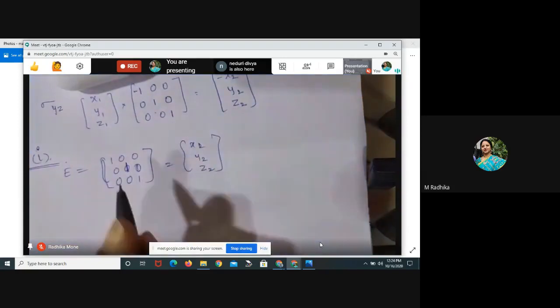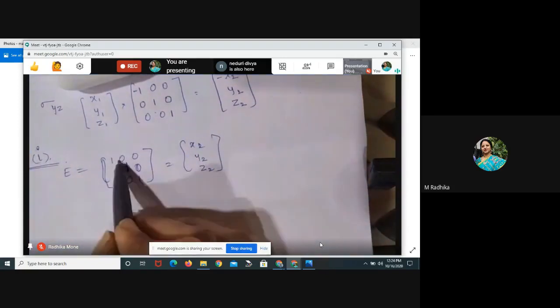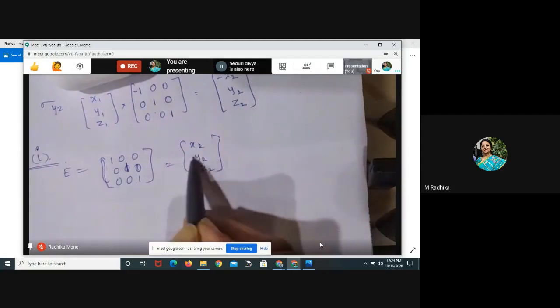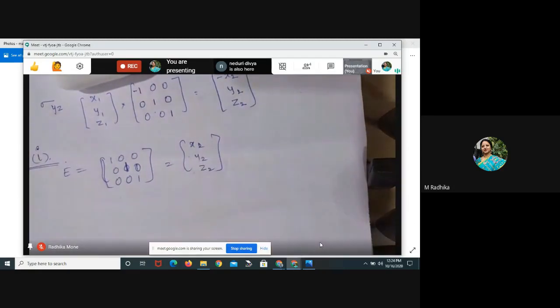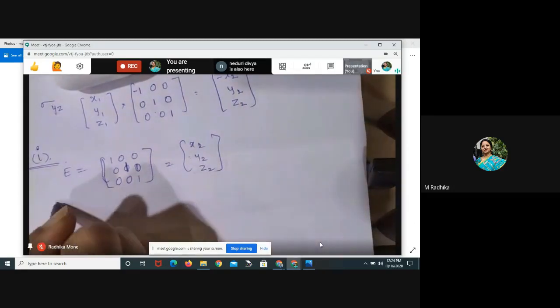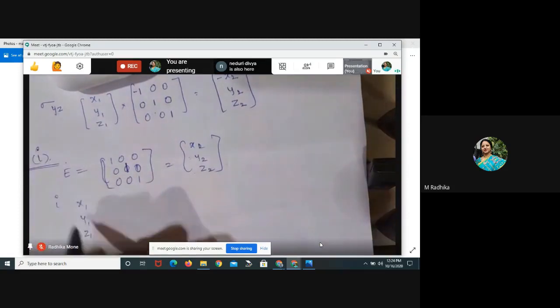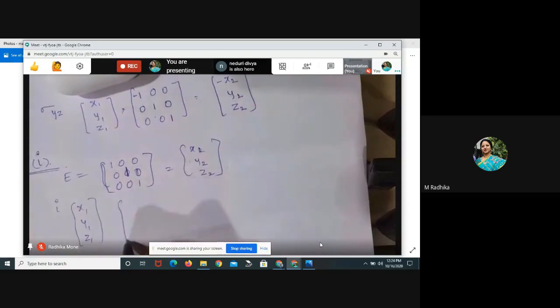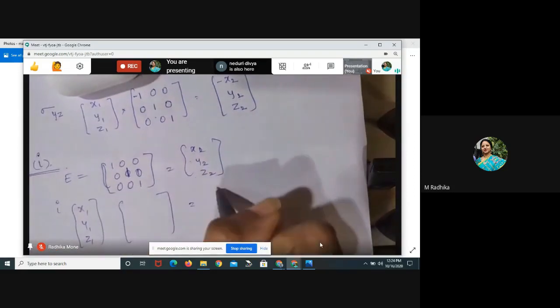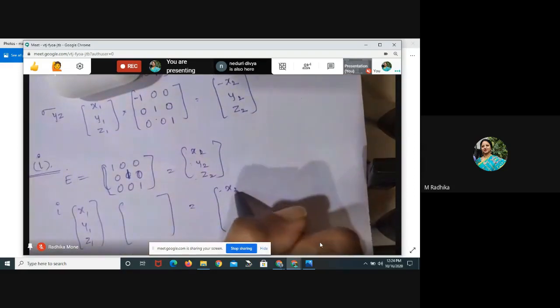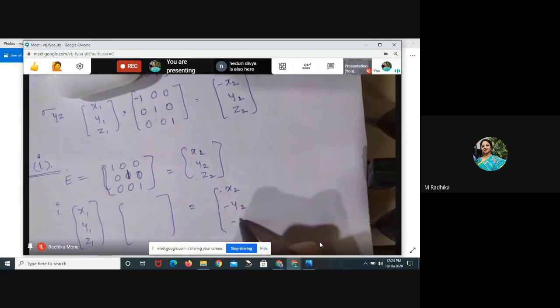So I should do something to these so that this changes. When I'm planning for i, this x1, y1, and z1, I should multiply it with something else so that I will get the resultant as minus x2, minus y2, minus z2.